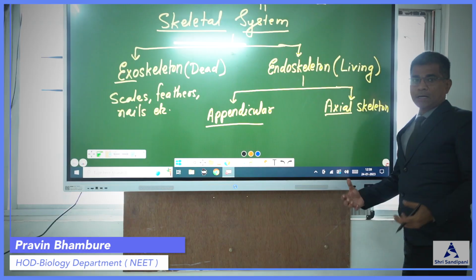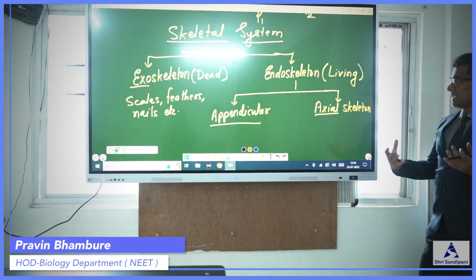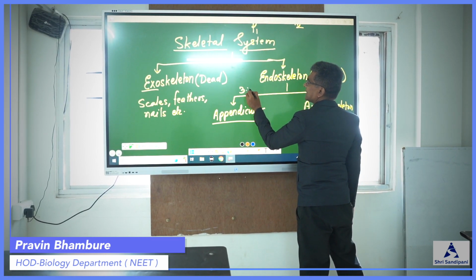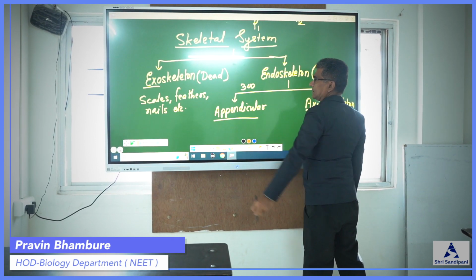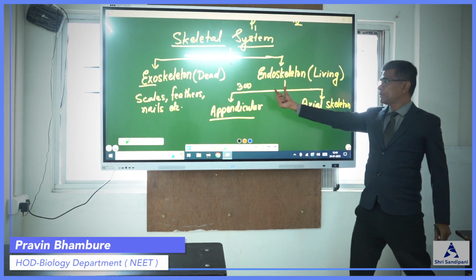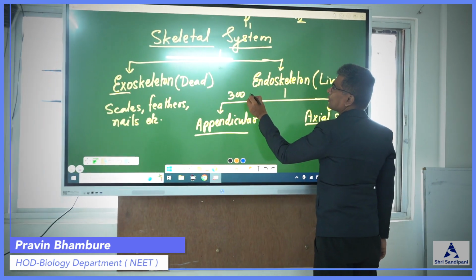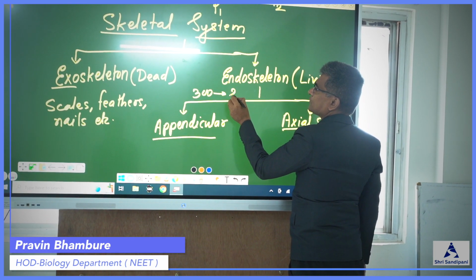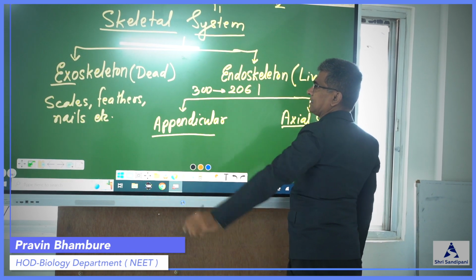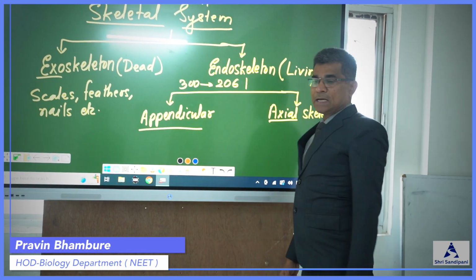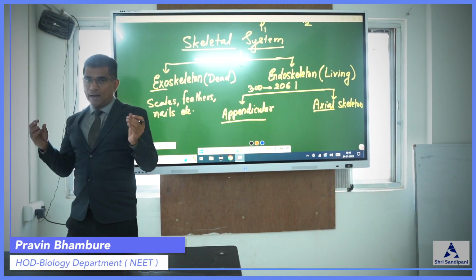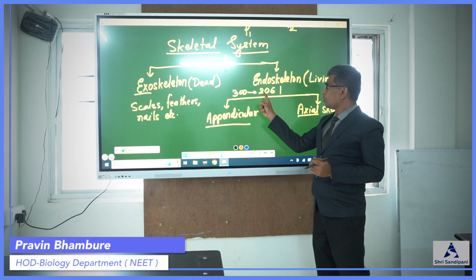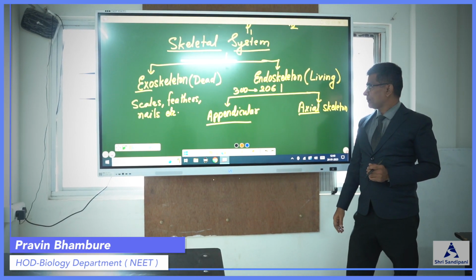Now, in our endoskeleton system, we know that there are about 300 bones in our body when we are newly born. But as we grow and reach adulthood, our number of bones will reduce to 206 only. That means 94 bones get fused with each other, and 206 bones will remain in our body.